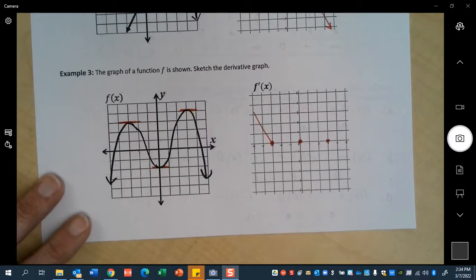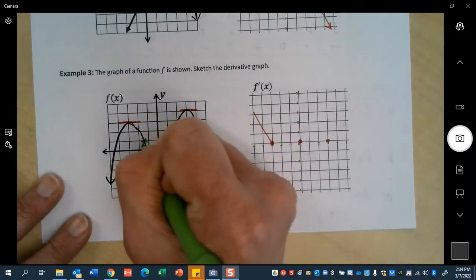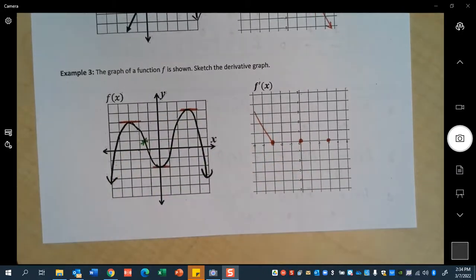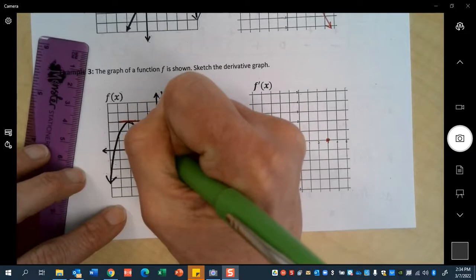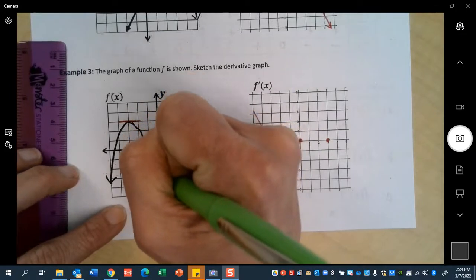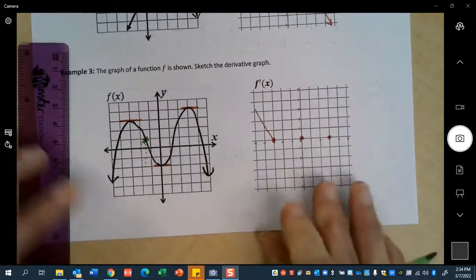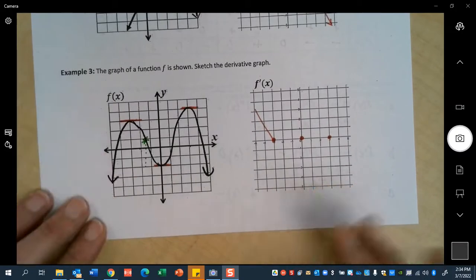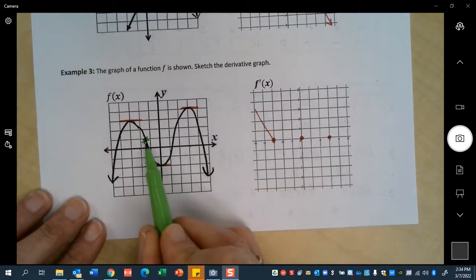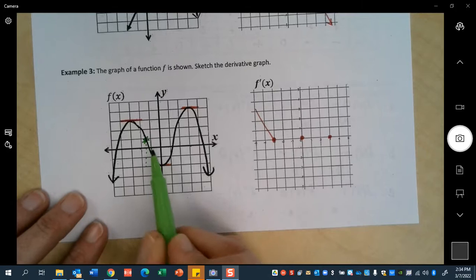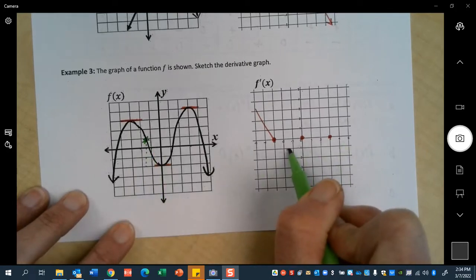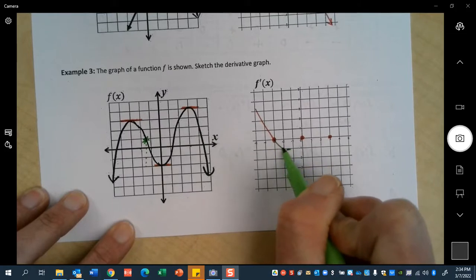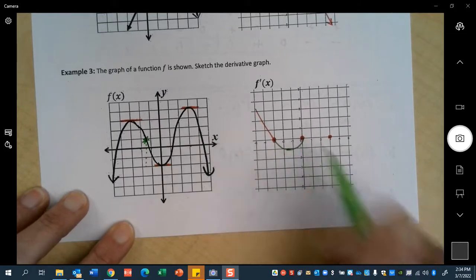What do you think happens right around here? It stops becoming negative. If it were going to continue going negative, wouldn't it continue going like that? But it ends up turning around. So if this is my inflection point right here, this is where I must have a derivative equal to 0.